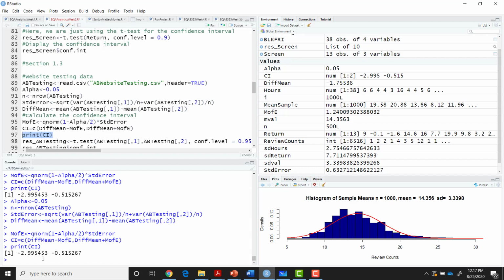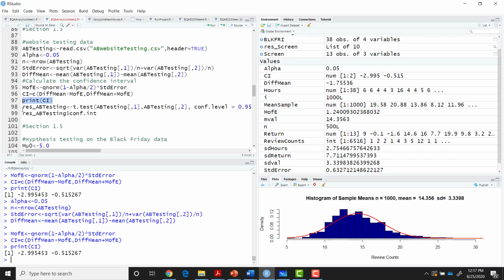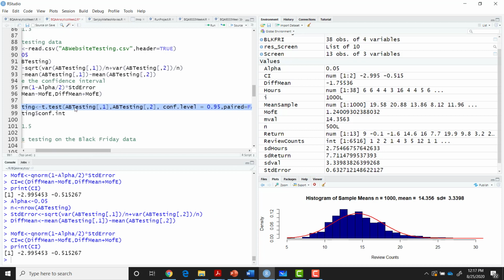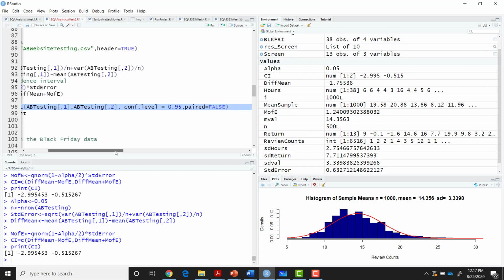Now, because x1 minus x2 is negative, that means that x2 is bigger than x1. Now, we can do the same with the t-test. I'm not going to ask you to program in that horrible formula, so we can just run the t-test. We do group 1, group 2, and we give the confidence level 0.95. Important, we put whether it's paired or not. We're putting paired is false.